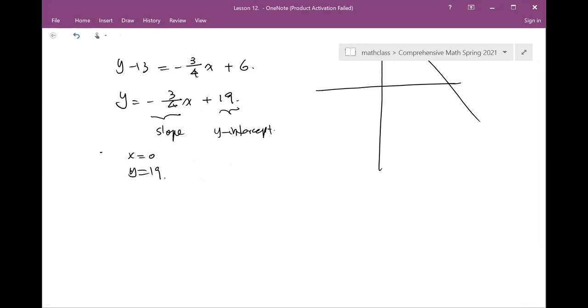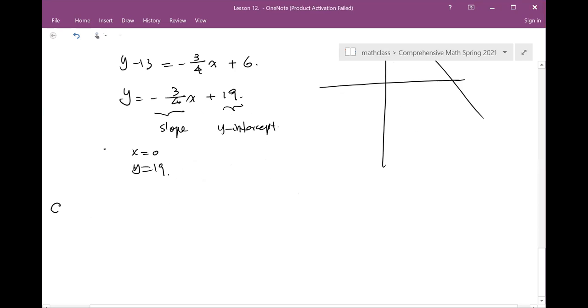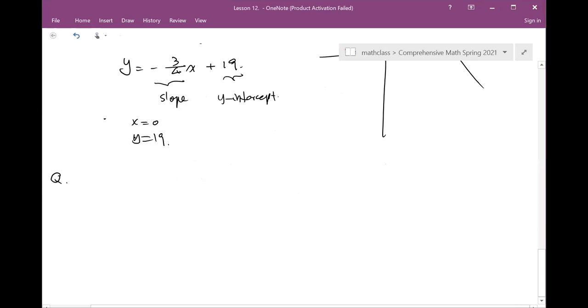Our second problem, we're trying to find out the best way to solve the problem.